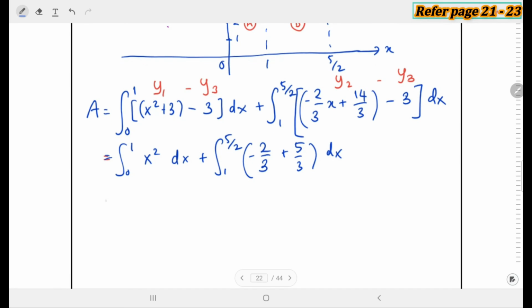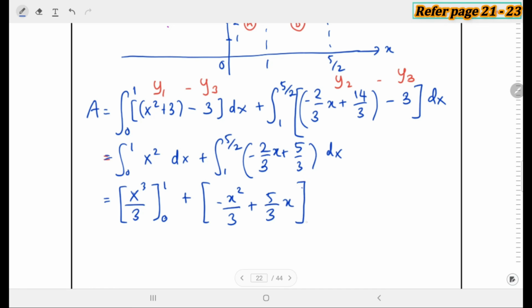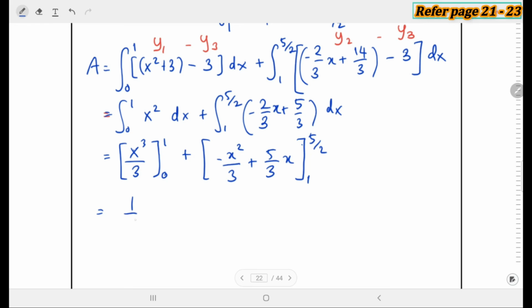Then we integrate: x to the power of 3 divided by 3, from 0 to 1, plus negative x squared divided by 3 plus 5 over 3 x, from 1 to 5 over 2, equals 1 over 3 plus 3 over 4. And your final answer is 13 over 12 unit squared.